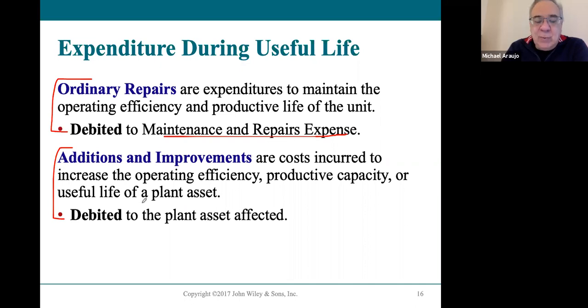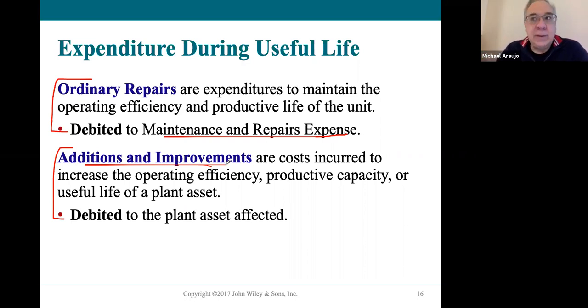But what happens if we actually increase the useful life of a vehicle or any other equipment, for example? Let's say we had a truck and we were thinking the truck's going to last us for 8 years. But 3 years into the truck's use in your business, something went wrong and you had to overhaul the engine, which basically means the truck's got a new engine.